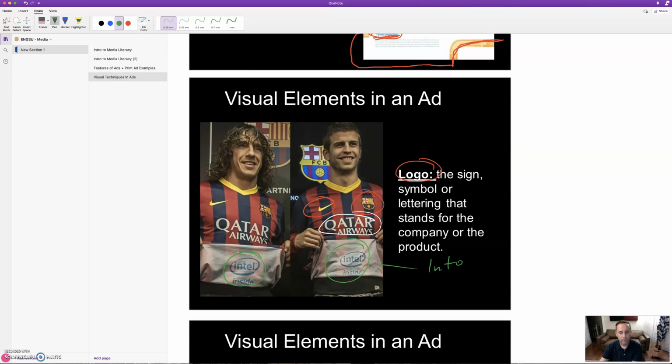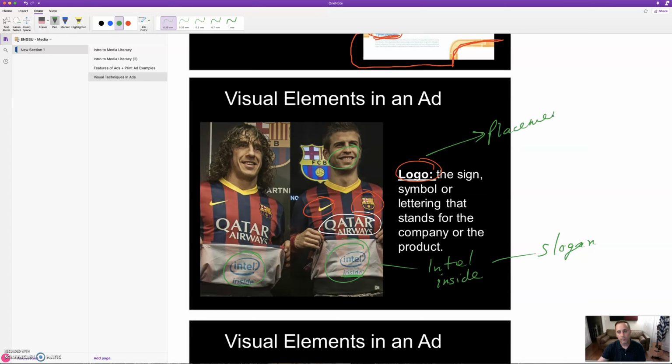So Intel is the company. Intel inside is the company slogan, their catchphrase. And these guys are kind of smiling and having fun. Why? Well, they've actually put the Intel inside their shirts. So that's kind of fun.